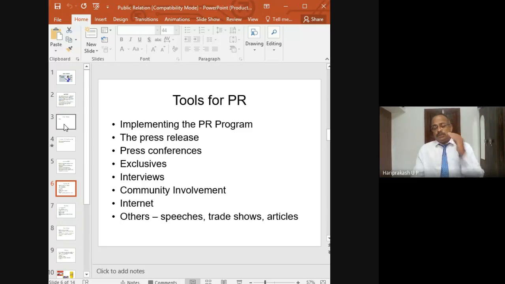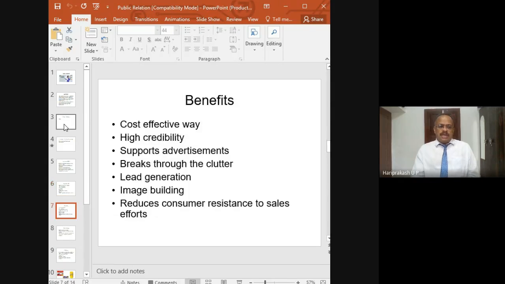Politicians, you see how good they are at speeches. They can influence people through their speeches. They're good at that. So that is nothing but a public relation activity. Trade shows, organizing exhibitions, shows, right? Articles, writing articles. So these are the different ways in which the public relation is done.